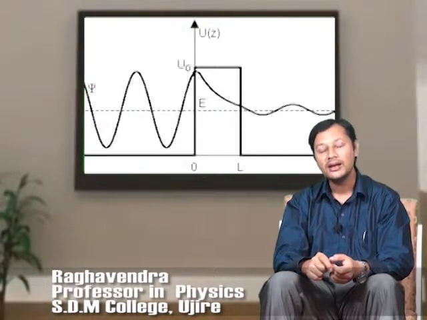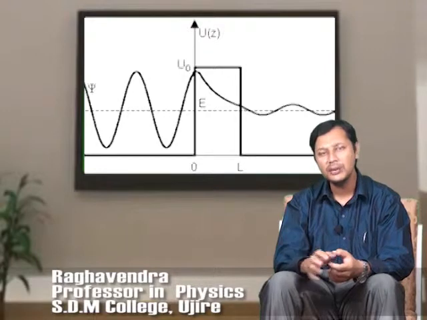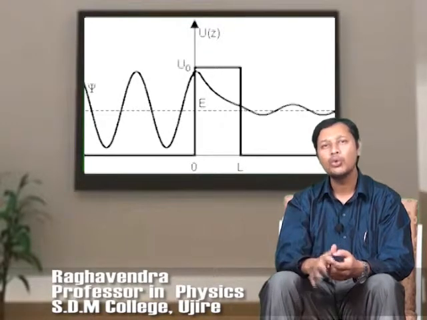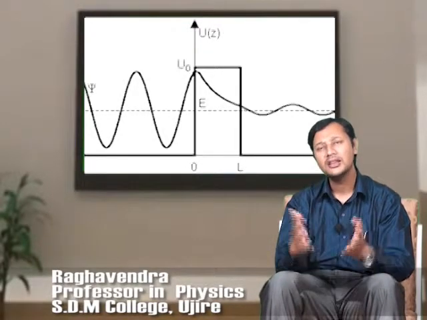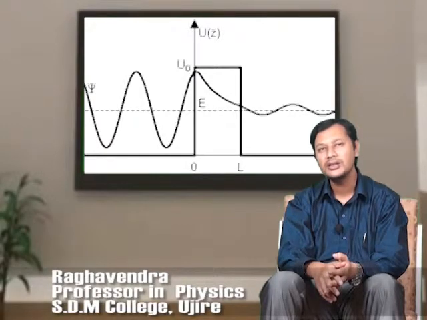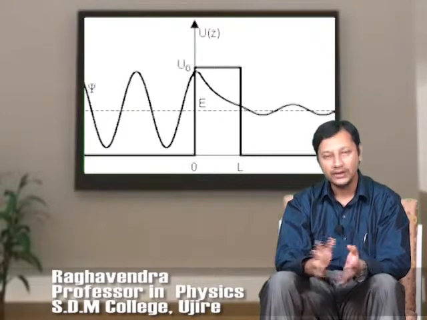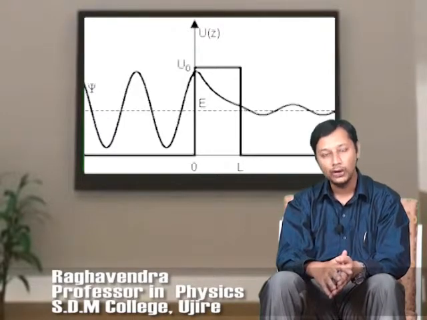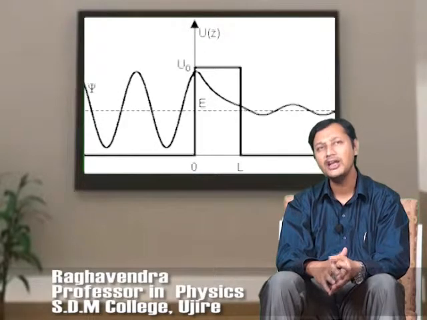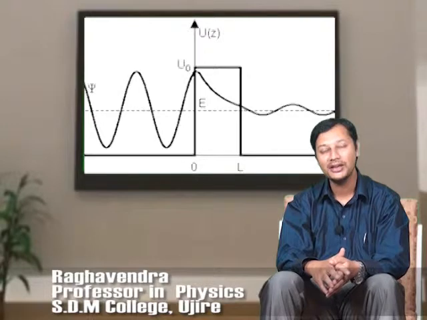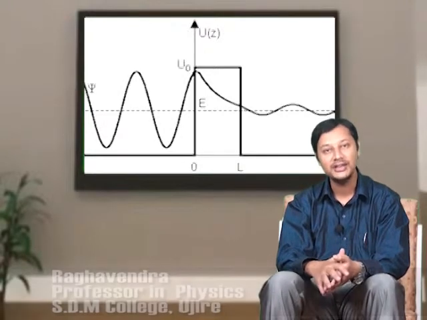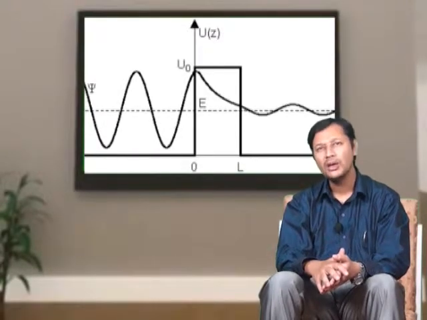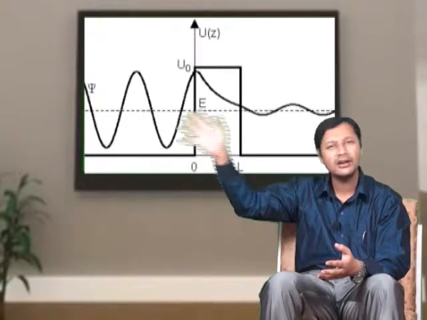So this probability varies between 0 and 1, and this is called normalization. To say that the probability of finding a particle in some region extends to 1 means that the particle is confined to that particular region and you are absolutely sure of finding the particle in this region. For example, I am sitting here in this room and you could ask, what is the probability of finding me inside this room? It is absolutely certain. So there is a 100% probability, that means you are very sure that I am inside this room. You could as well ask, what is the probability of finding me in, let's say, this corner, my right hand corner of the room?